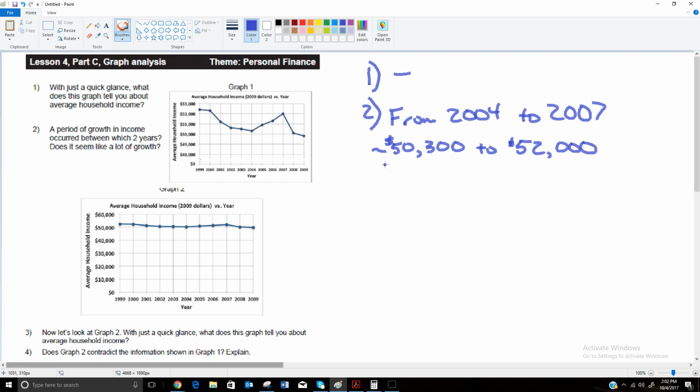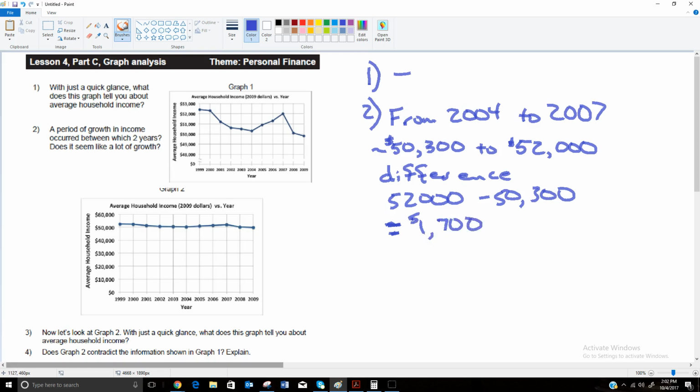So was that a lot of growth? Well, if we find the difference, so if I take 52,000 and I subtract 50,300, how much growth was that? Well, that comes out to be $1,700. And remember, that's a yearly income.